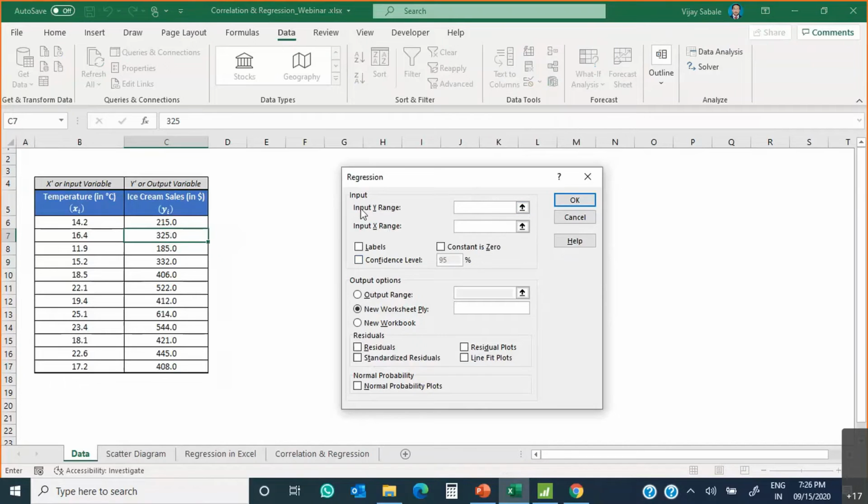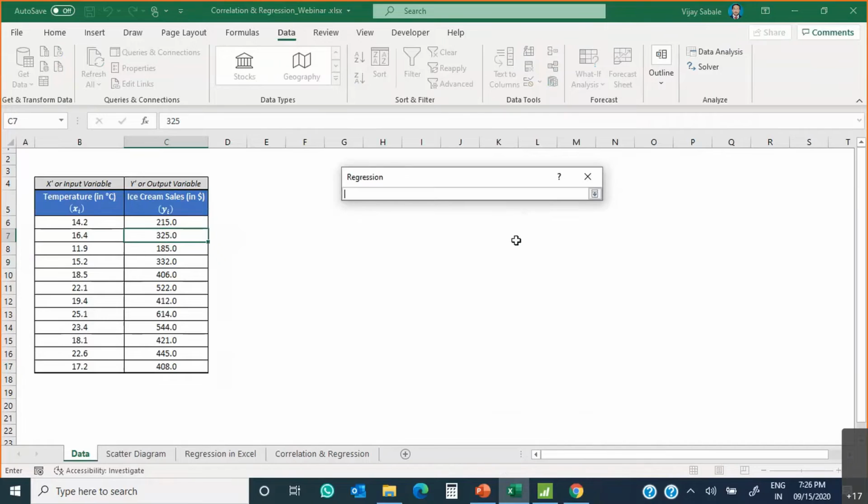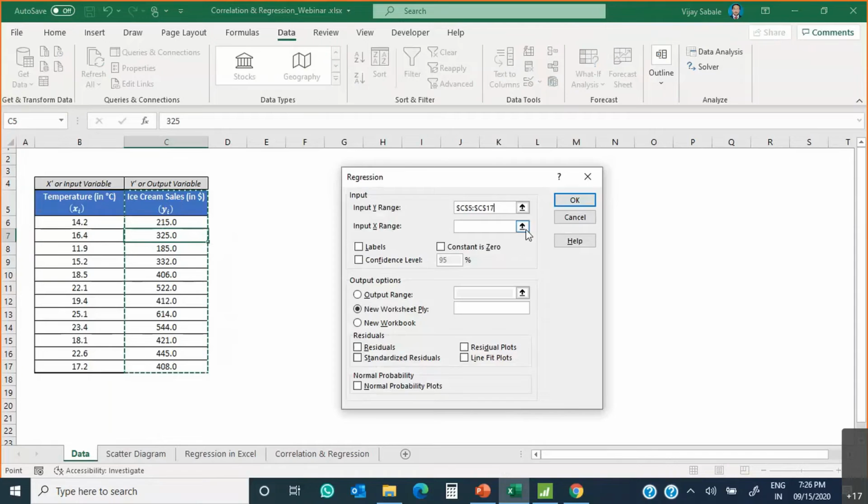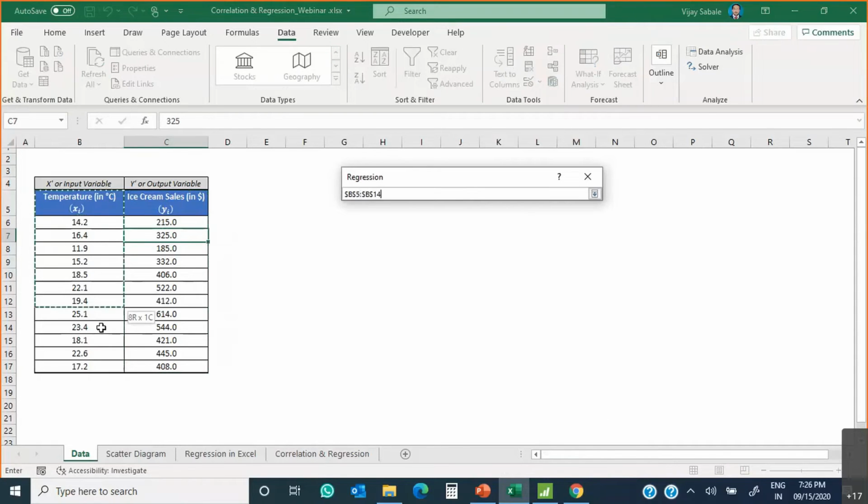So how to do that? What is Y? Y is our ice cream sale, so we can select it here. For ease, if you want to select the title, you can select it. So we have selected it including the title. Then we have to select the X, the first variable, and click enter.